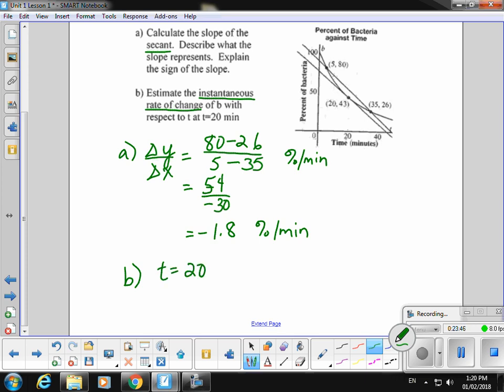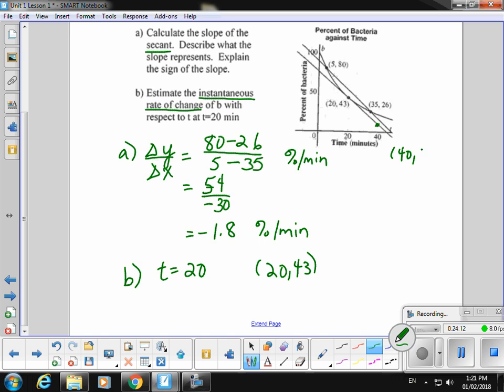I know I have the point (20, 43) because I'm blindly trusting my graph. And I want to determine the equation of that instantaneous rate of change, that tangent line. I am going to have to go by another point on the graph. I don't have any further tools at this point. Are you catching my hint there? So if you trust me, there is a point that is quite clear on my graph.